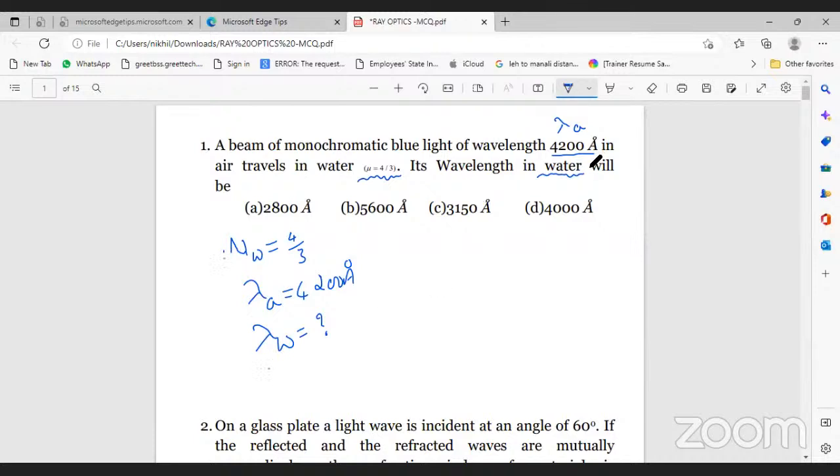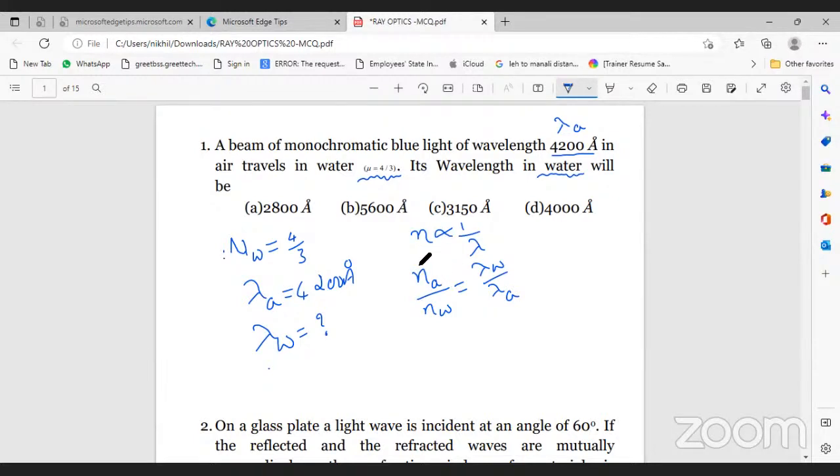How do you define refractive index in terms of wavelength? You know that refractive index is inversely proportional to wavelength, correct? So refractive index of air divided by refractive index of water should be wavelength of water divided by wavelength of air, because it is inversely proportional.